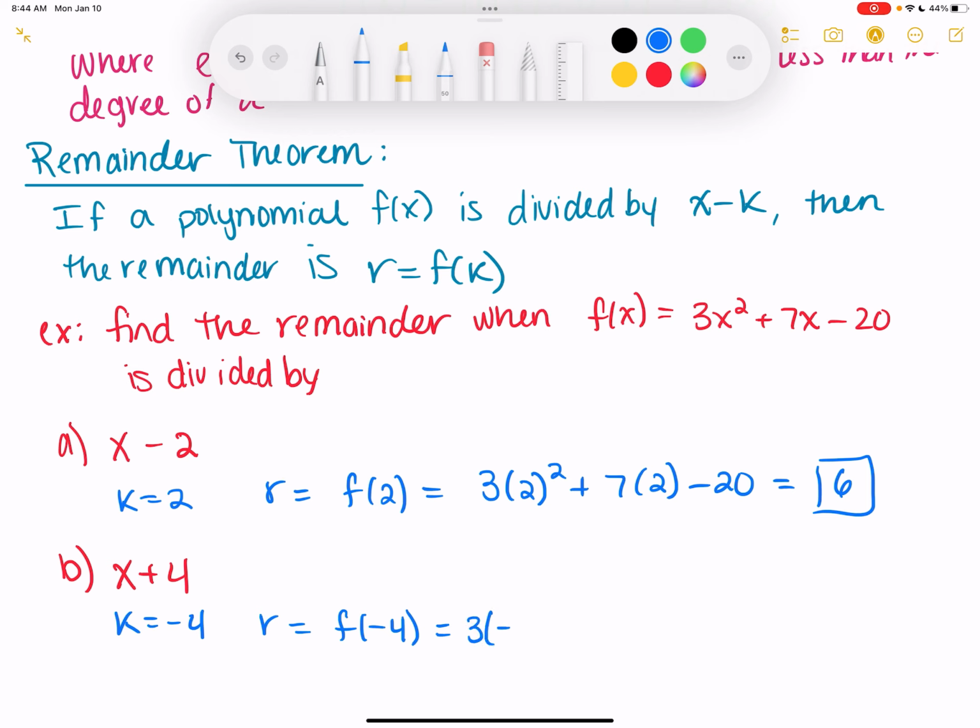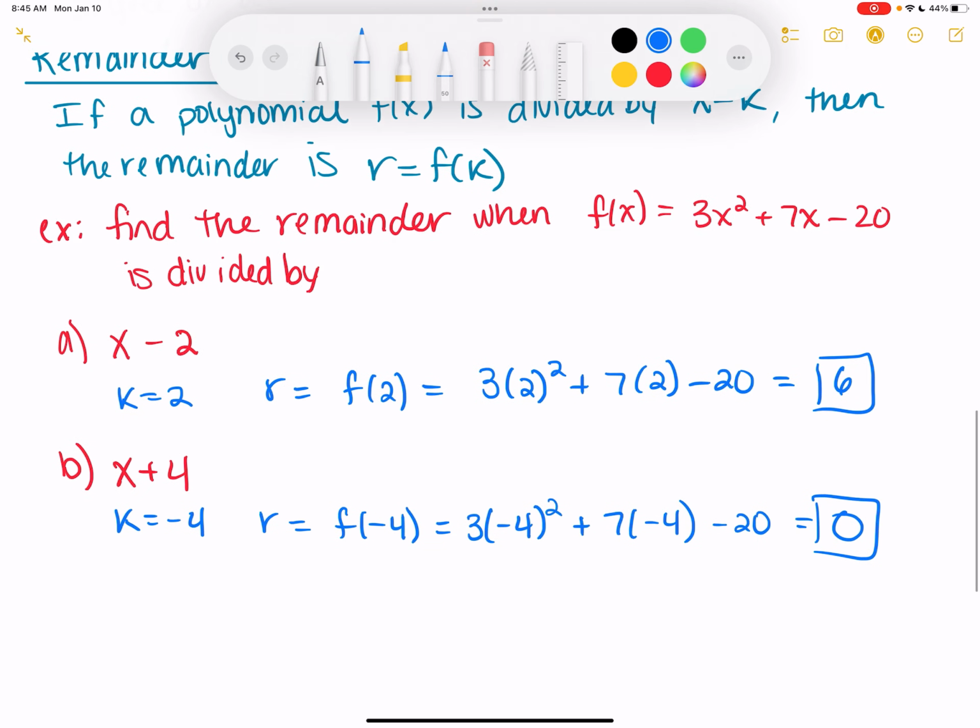So 3 times negative 4 squared plus 7 times negative 4 minus 20 is equal to, so let's see, we got 16 times 3, is that 48, plus 7 times negative 4, so minus 28, so that 20 minus 20 is 0. So that means there's no remainder.